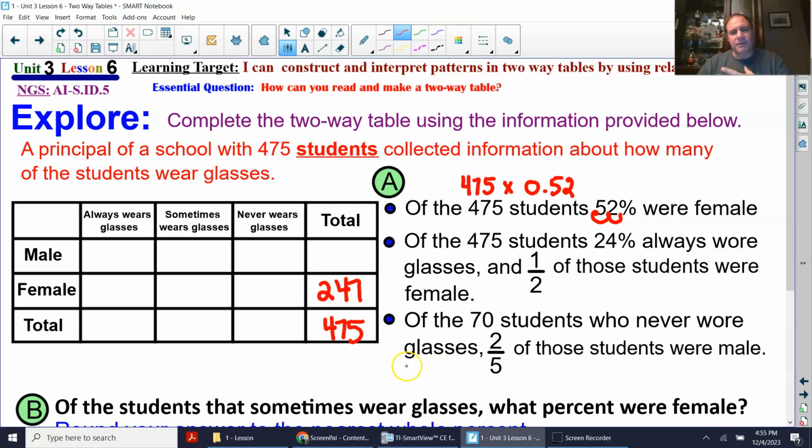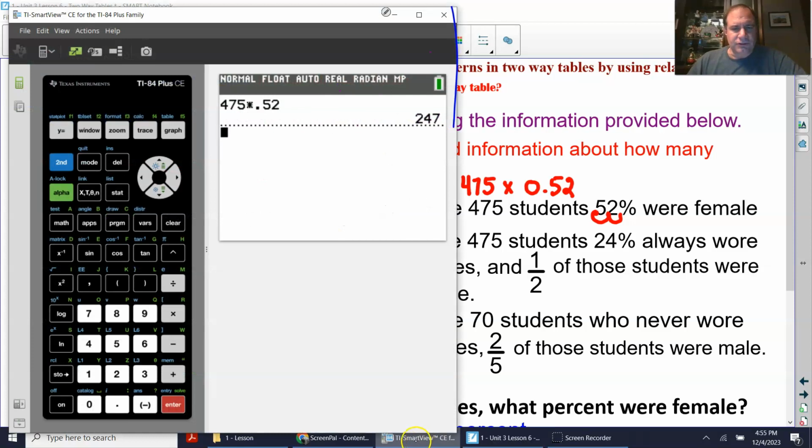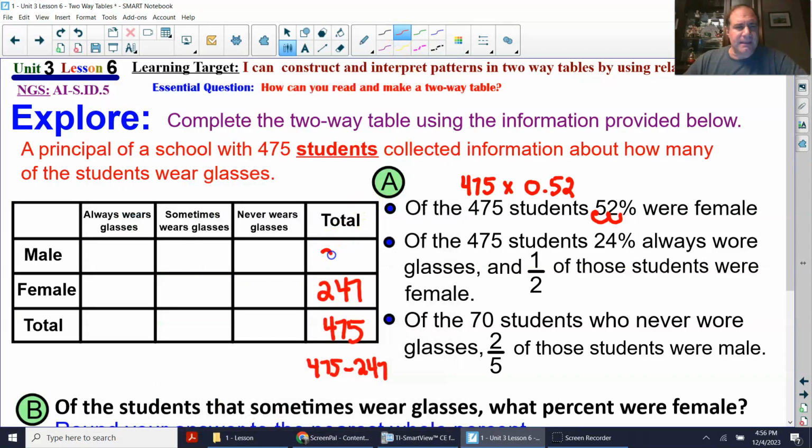And what I'm going to do right now, I'm just going to go ahead and subtract 475 minus 247, because I want to get this number right here for the male students. So 475 minus 247. And I have 228 males.